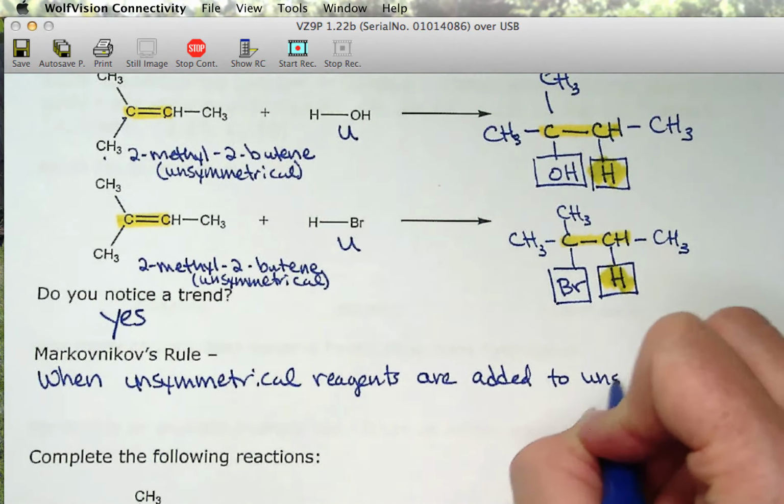So the hydrogen in your unsymmetrical reagent says, hey, I like hydrogens. I'm a hydrogen. I want to go to that party, right? I want to go to where my friends are. So that's why hydrogen adds there. So hydrogen always goes to the carbon with more hydrogen. Likes to party with their friends.